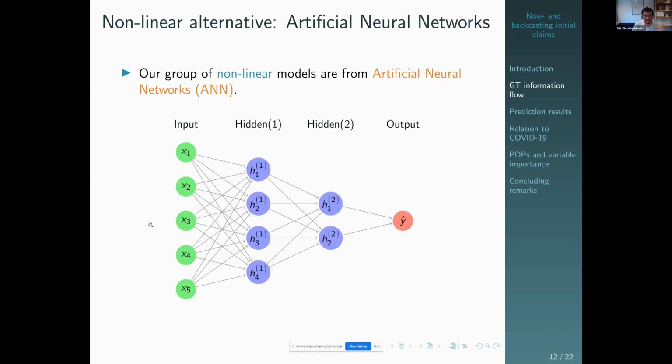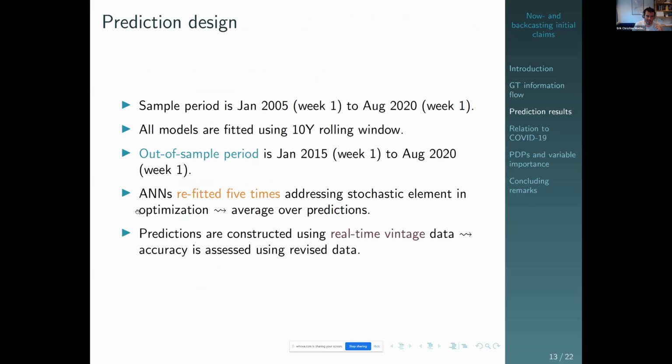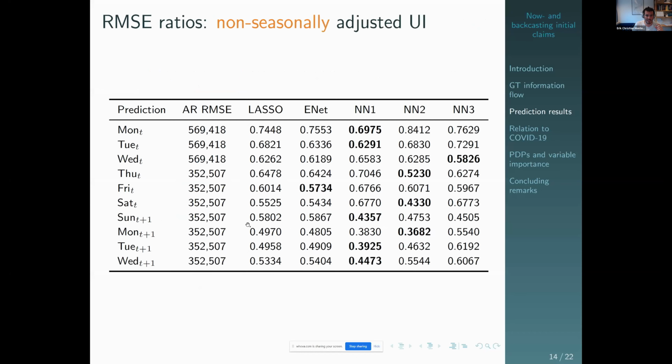We consider different depths of these neural nets: 1, 2, and 3 hidden layers. The estimation period goes from 2005 to 2020. We use a 10-year rolling window. There are some details regarding the NNs to avoid ill-fitting models. We use real-time vintage data, so there's nothing that is forward-looking.